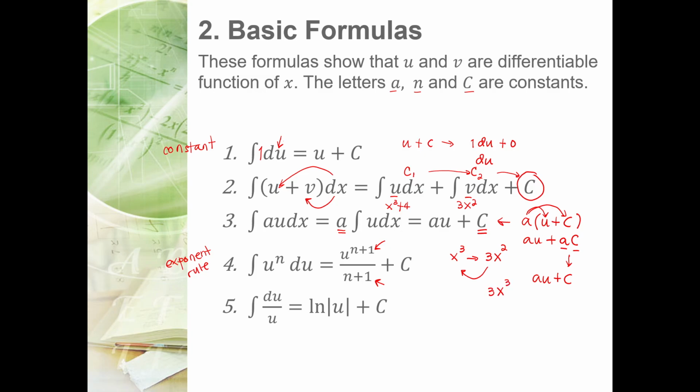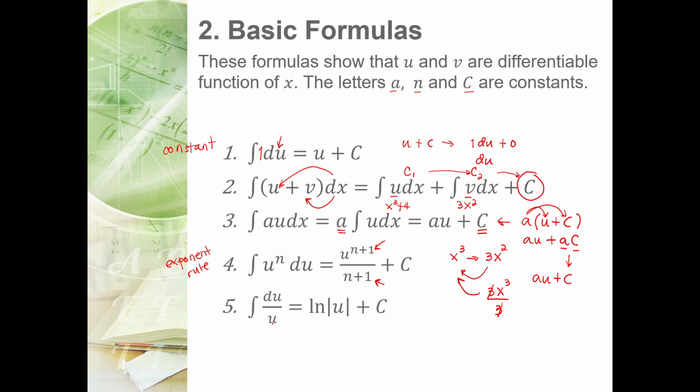Then we need to eliminate the 3, so that's why it's divided by n plus 1, which is 3. So we have the original expression again, plus c of course. It's just the reverse. It's not difficult to follow because you have validation coming from your derivatives.